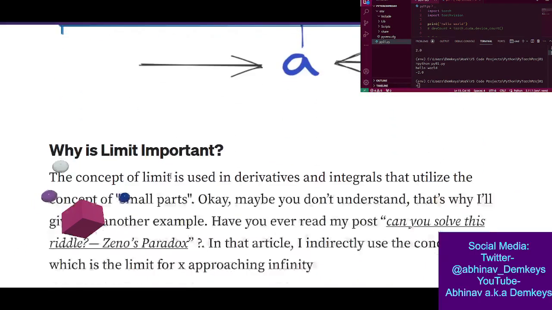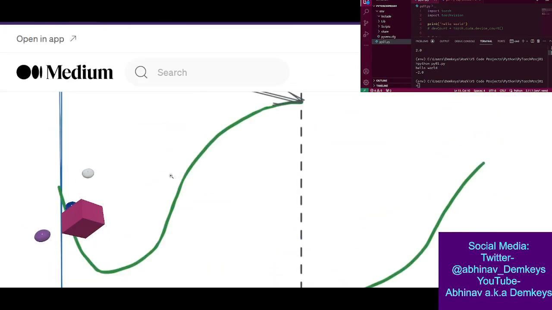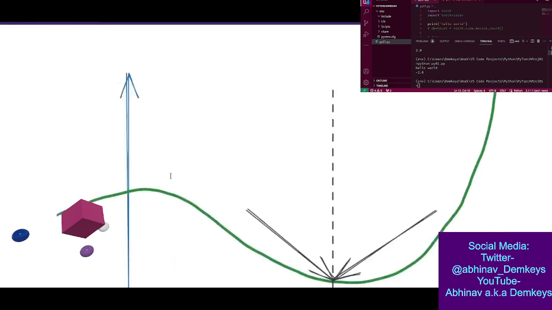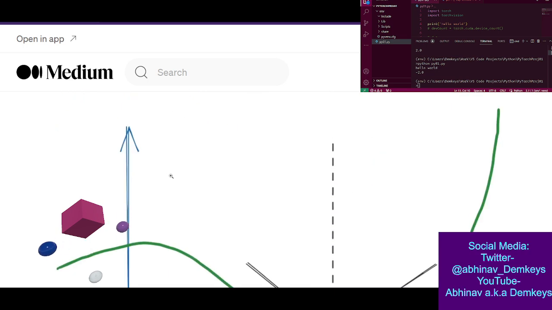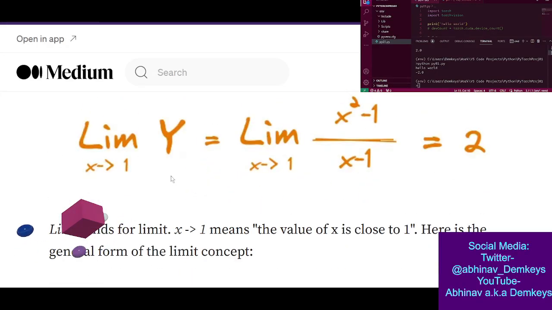So what are we looking at here? I think I need to be able to picture this.